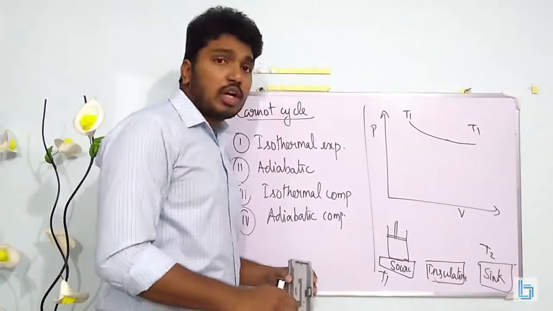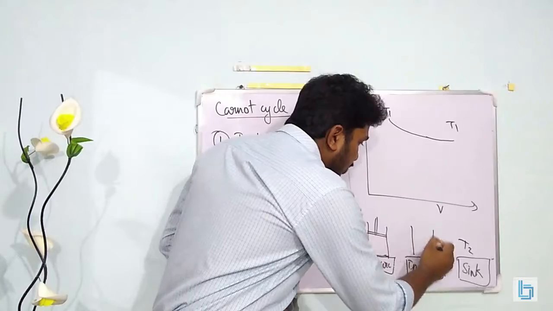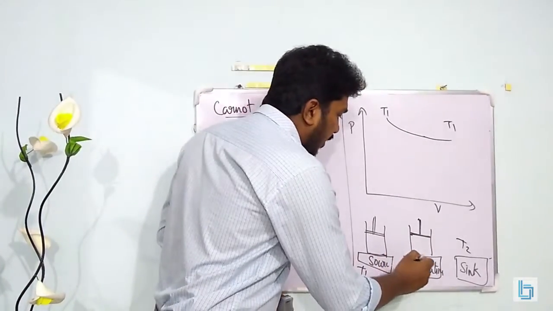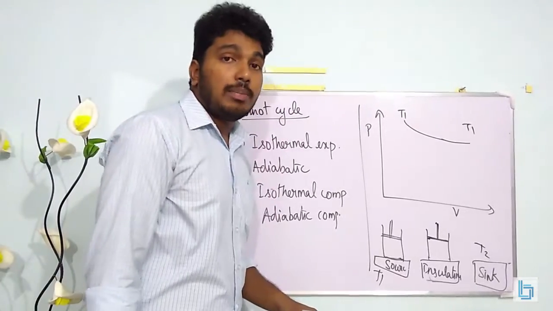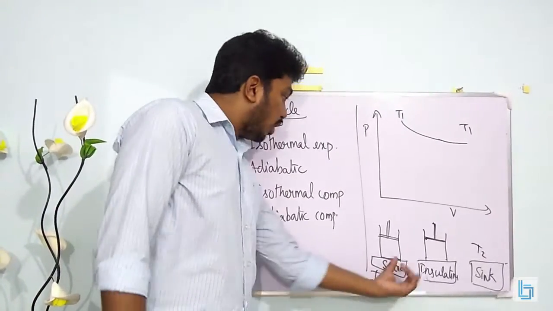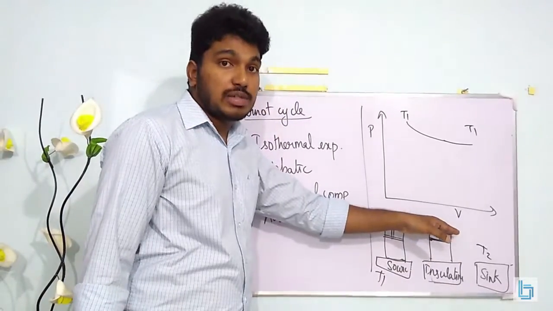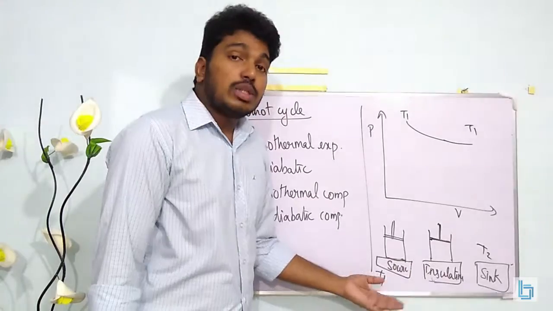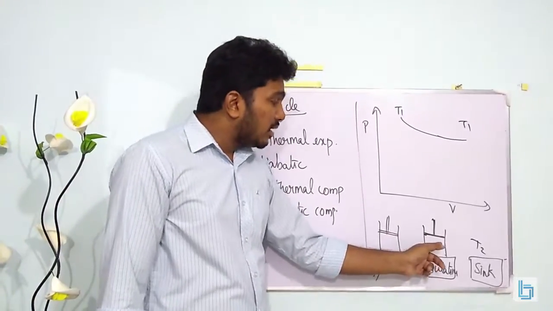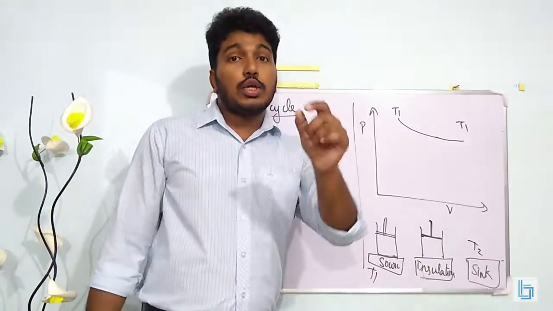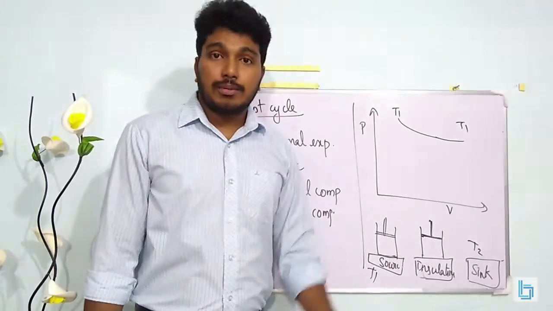The second step, what we're going to do is, we're going to take this arrangement and keep it on top of the insulating pad. Now you know what is going to happen. Already the walls were insulating, the top surface was insulating. Now the bottom face is also insulated, which means utilizing the energy available inside, it will continue its expansion.